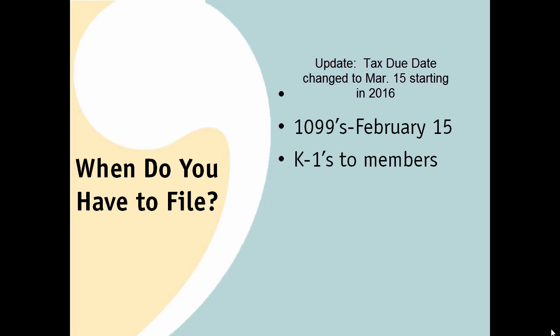Your members cannot complete their own personal taxes until you have given them their K-1s. Because you can't finalize anything until you have the 1099s, a reasonable date to tell them they'll have their forms is March 1st. While you do have until April 15th to file your club taxes, we don't suggest that you do that, or you might have a lot of angry club members.